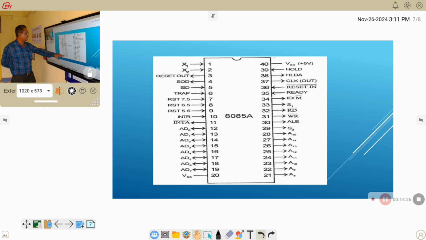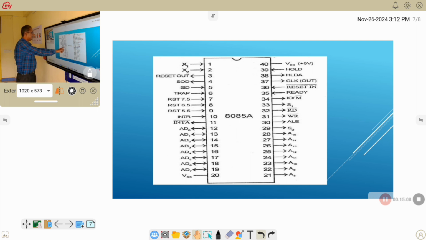Pin number 12 to pin number 19, these pins we use for both purposes, for data or address. So these are called the multiplexed address and data bus. Multiplexed means at different times it will function differently.